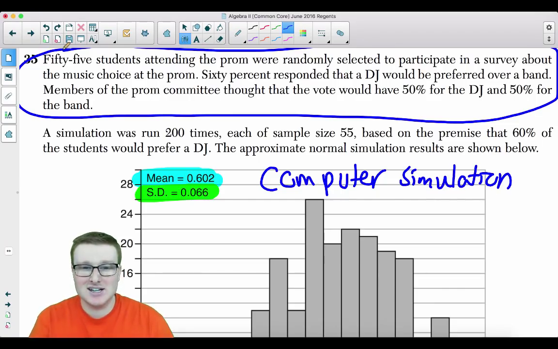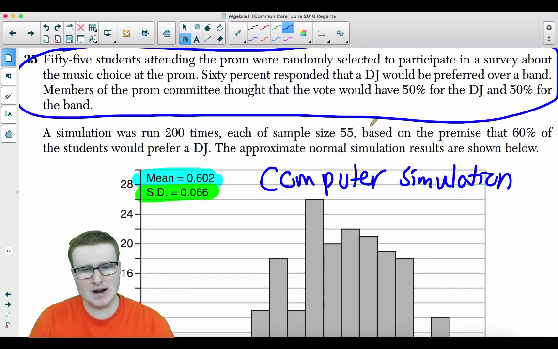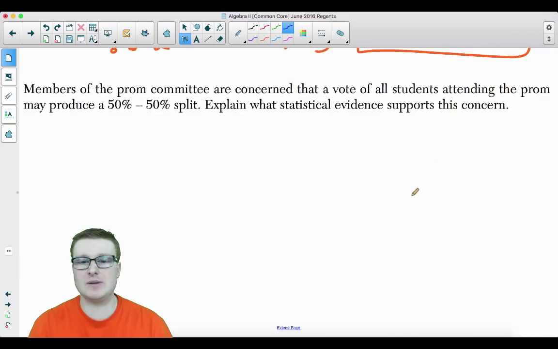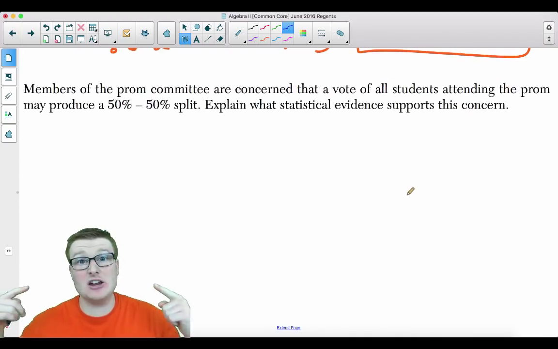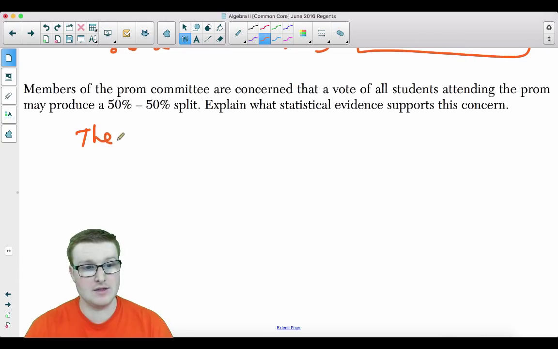But in this case, what they're saying is that they're concerned for a 50-50 split, right? So they're comparing the computer simulation to the real life scenario. They're saying that the interval on the computer is 0.47 to 0.73. They're concerned about the 50-50 split. Why are they concerned? And they are absolutely right to be concerned because of this. Their concern is valid.